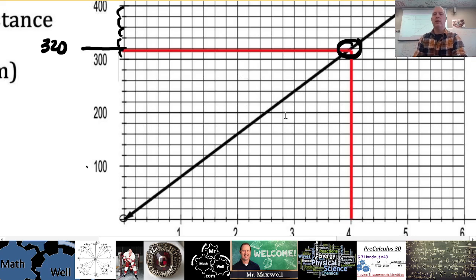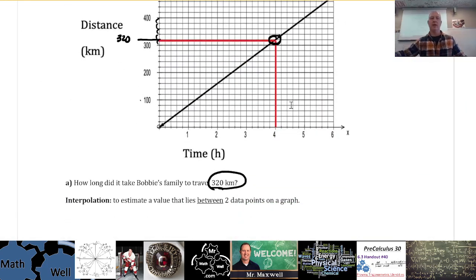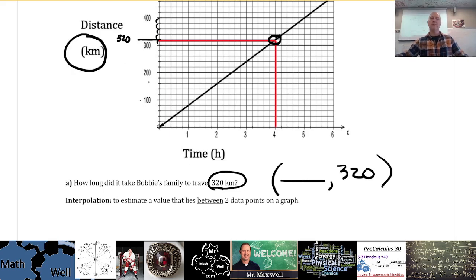So really what we're looking for is the point on the graph. If you think of it this way, I'm looking for the x value that goes with 320 as a y value, because here's the y-axis. And it looks like it's 4. Pretty easy, right? You guys okay with that? It looks like it drops right down to 4 hours here.